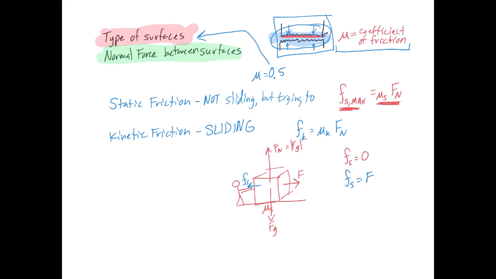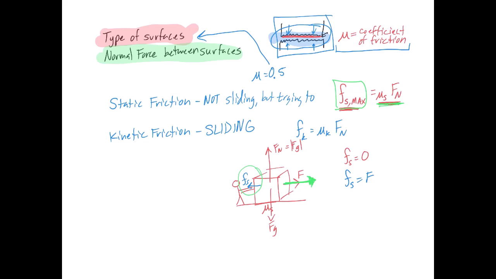Now, at some point, due to my buffness, I'm going to push so hard that I'm pushing harder than whatever the static force of friction is. If I push harder than what is available, because remember, there's only a certain amount available, it can only go up to the coefficient of friction times the normal force. If I push harder than that, then no longer will the box be at rest. It's now going to move forward.